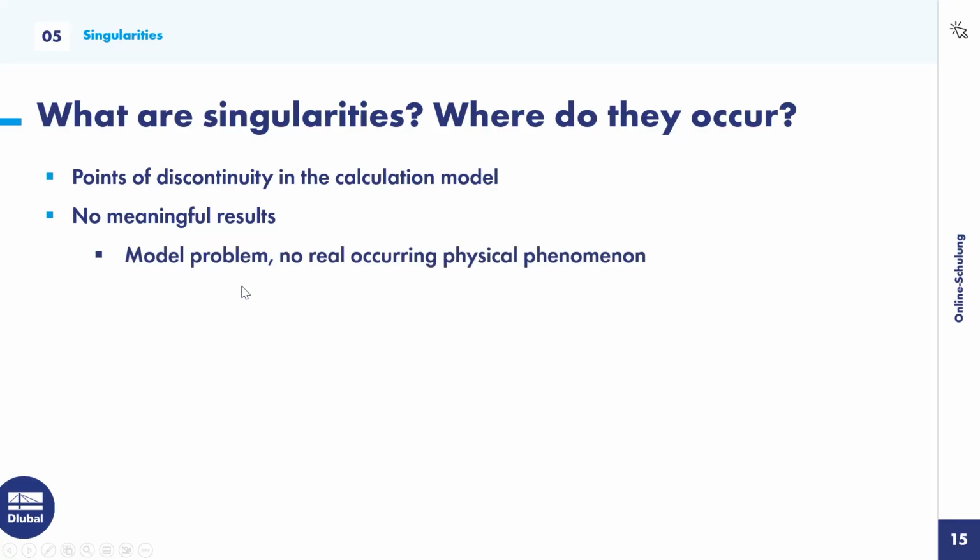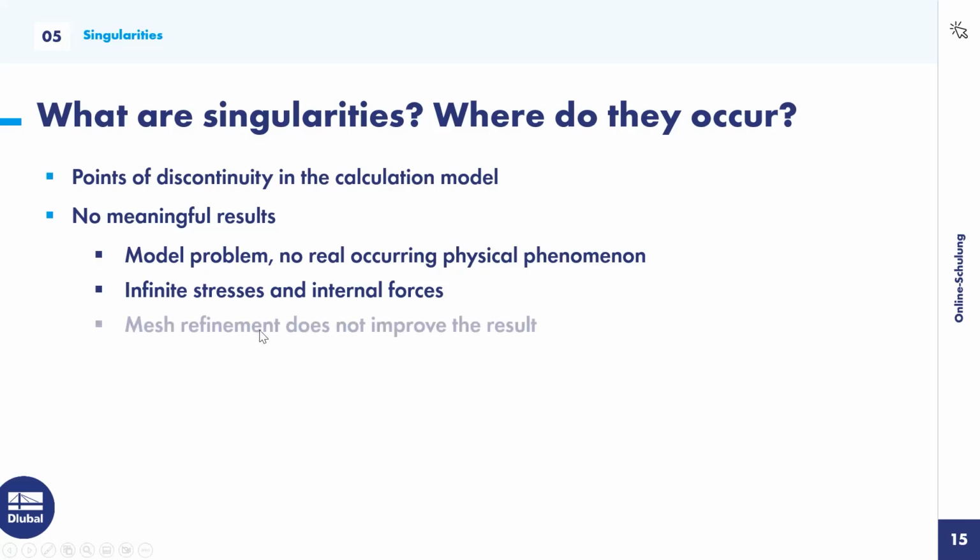It's a model problem and not a physical problem that really occurs on site. We will get infinite stresses and infinite internal forces. A mesh refinement will not improve the result. On the contrary, it most likely will just increase the singularity.